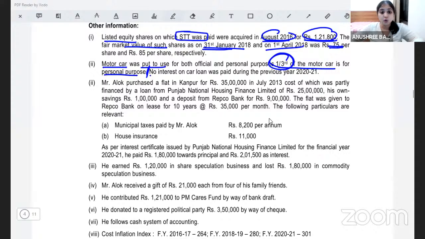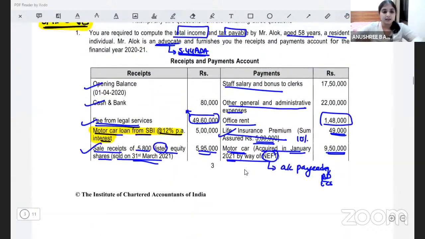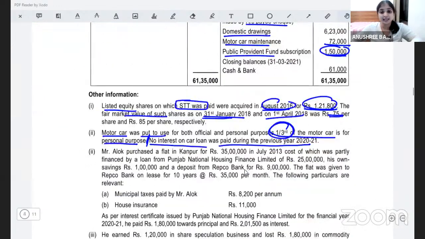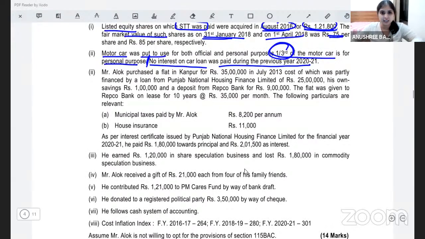Then they say no interest on car loan was paid during 2021. Remember, we had kept this pending. We had seen this adjustment, we had kept it pending. They are saying that yes, we did borrow a loan, but in the current year, we haven't paid any interest. And mostly my assessee is a professional. Professionals generally follow cash basis of accounting, isn't it?